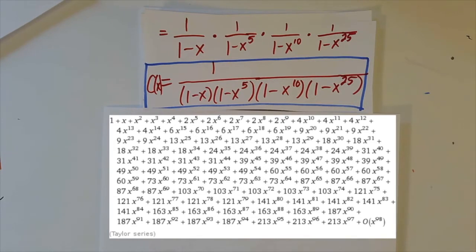But in particular, if you wanted to know the answer to our original question, how many ways are there to make change for 58 cents using these 4 coins, then you could look up the 58th term here, and you would see that there are 60 ways to make change for 58 cents. And if you wanted to go up to, say, 97 cents, then there's 213.